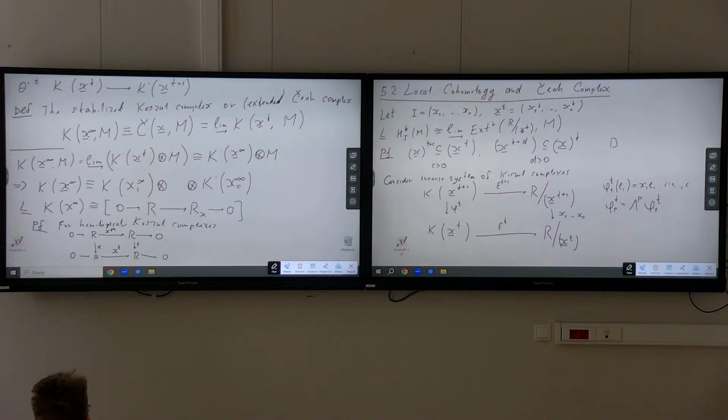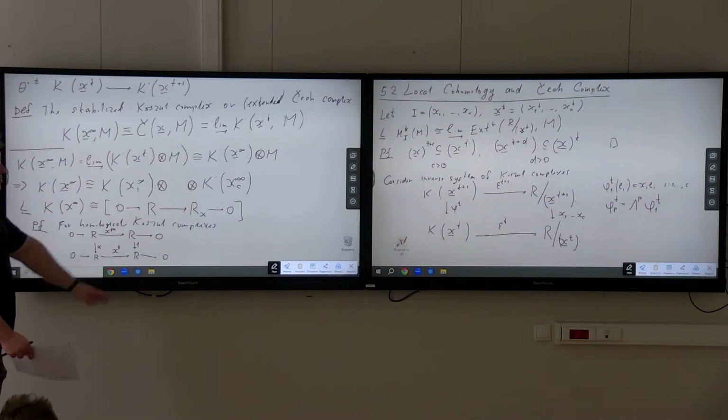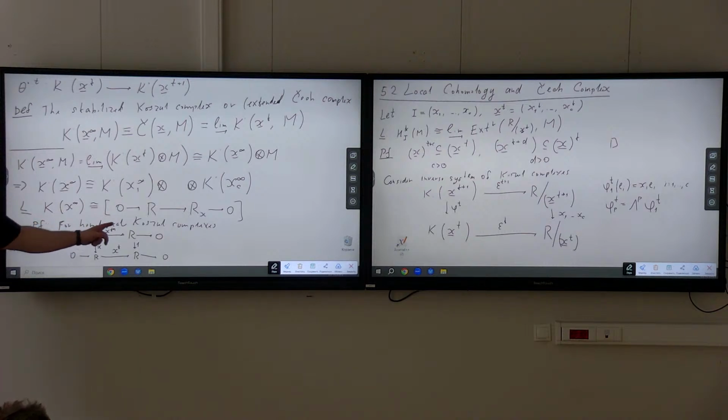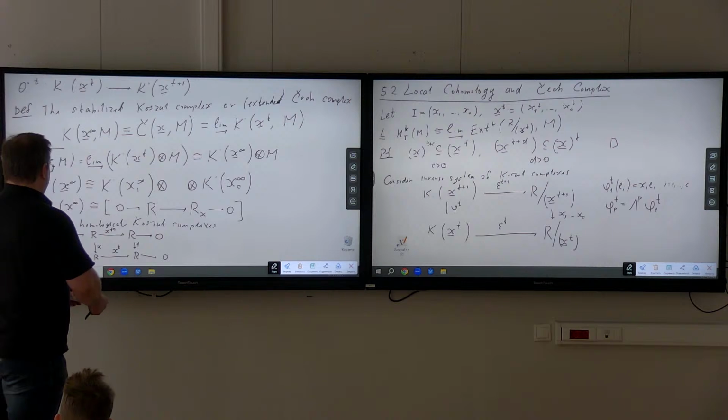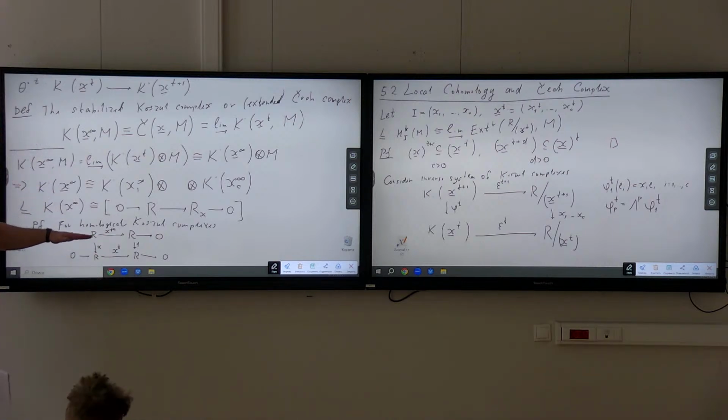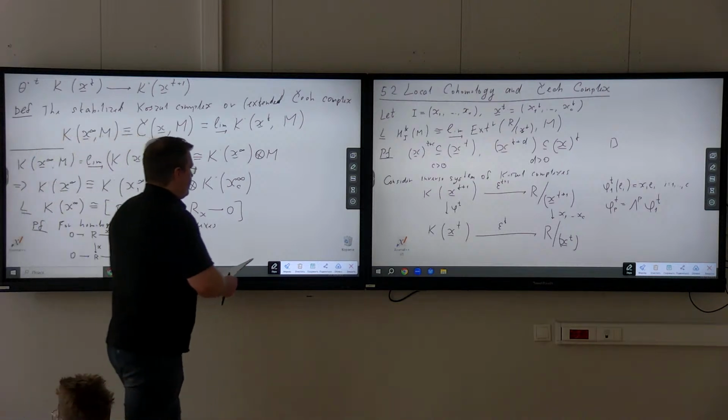By definition, it is supposed to be the exterior degree 0 of some map, and it's 1 by definition. But you can also notice that even if you don't have that general definition, this makes sense for this particular case. So clearly the diagram is commutative, clearly these are Koszul complexes, and clearly you can extend this to get the inverse system of Koszul complexes of one element.